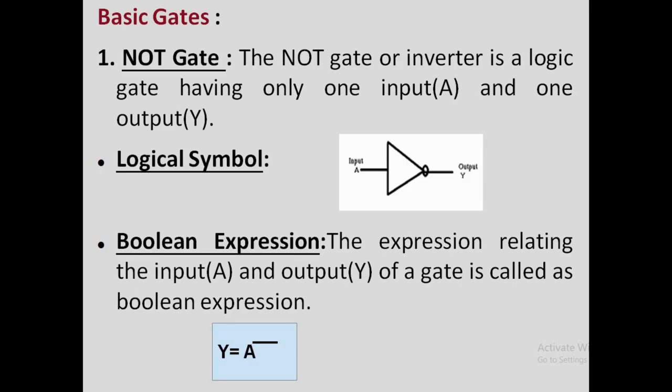That circle is called as a bubble, which indicates the inversion. Next is a Boolean expression of NOT gate. The Boolean expression is nothing but the relation between input and output of gate in terms of mathematical equation. So Boolean expression for NOT gate is Y is equal to A bar. That bar indicates the inversion.